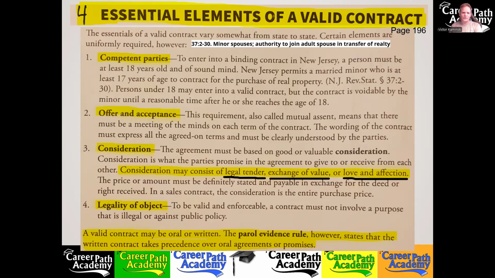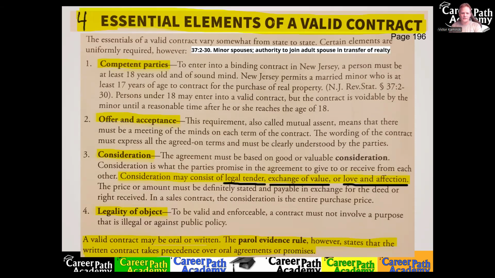When can a minor be considered an adult and a competent party? If the minor is married. But in real life, can a minor get married? No, a minor cannot get married.